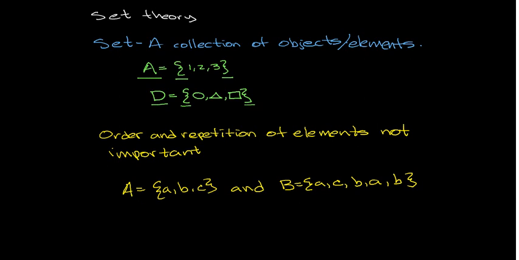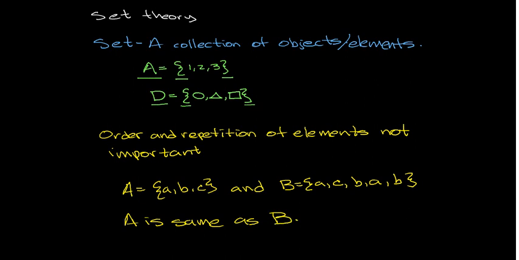So with these two pieces of information, we can say that A is the same set as B.